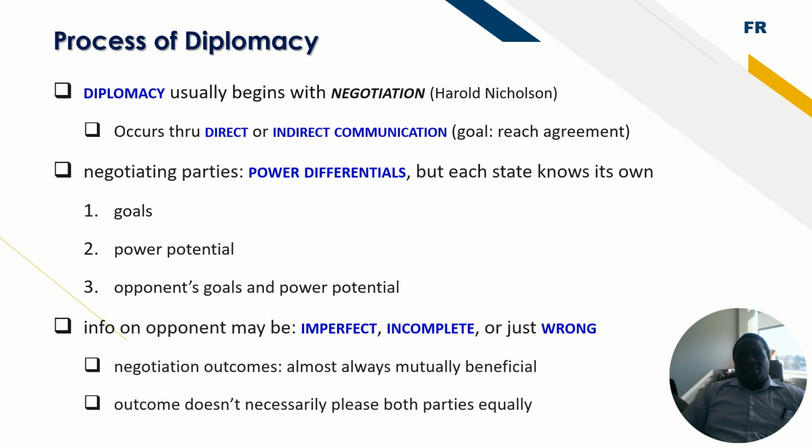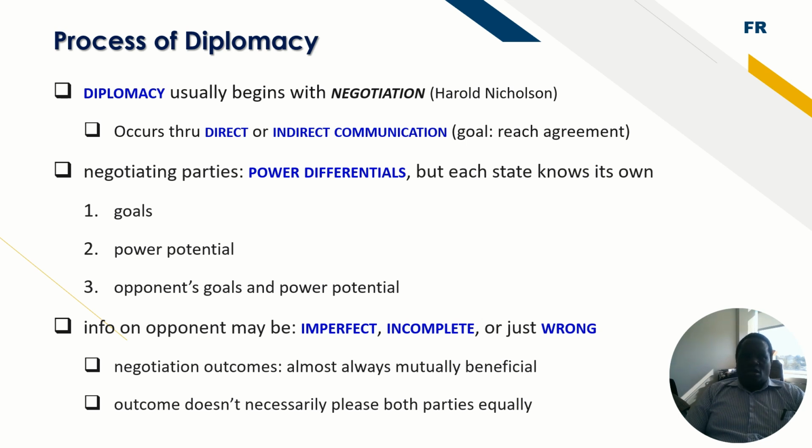And so, as Nicholson suggests, diplomacy begins with negotiation, and this can be direct or indirect. So, for example, Switzerland has been one of the most famous pathways to communication indirectly, for example, during the Iranian embassy hostage crisis and many other crises around the world.